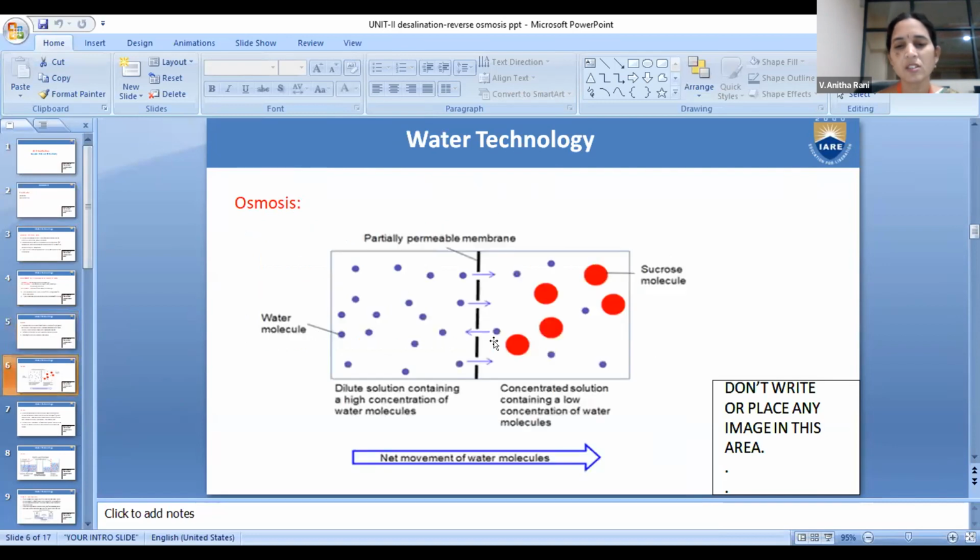You can see the diagram: a low concentrated solution and a high concentrated solution separated by a semi-permeable, partially permeable membrane, which allows only solvent molecules, not solute. The solvent flows from dilute solution to concentrated solution. You can see the net movement of water molecules from lower to higher concentration.